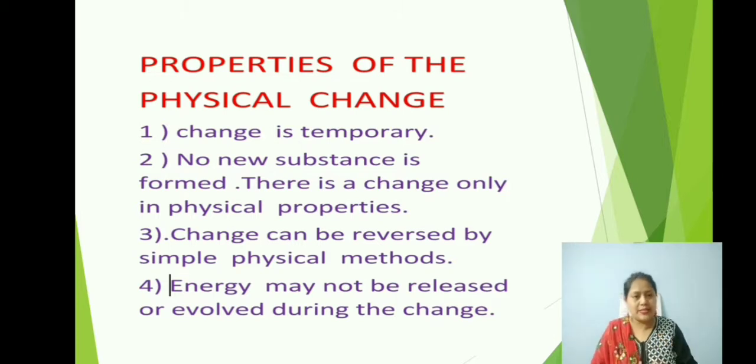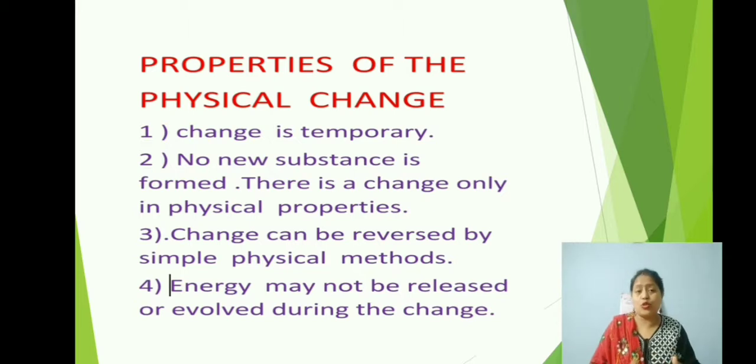In this type of change, new substances are not formed. Point number 3: change can be reversed by simple physical methods. Point number 4: energy may not be released or evolved during the change.